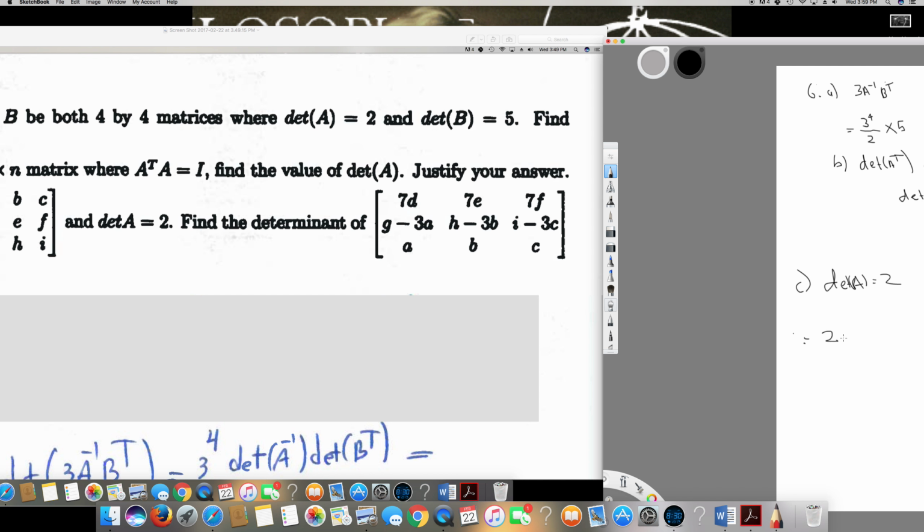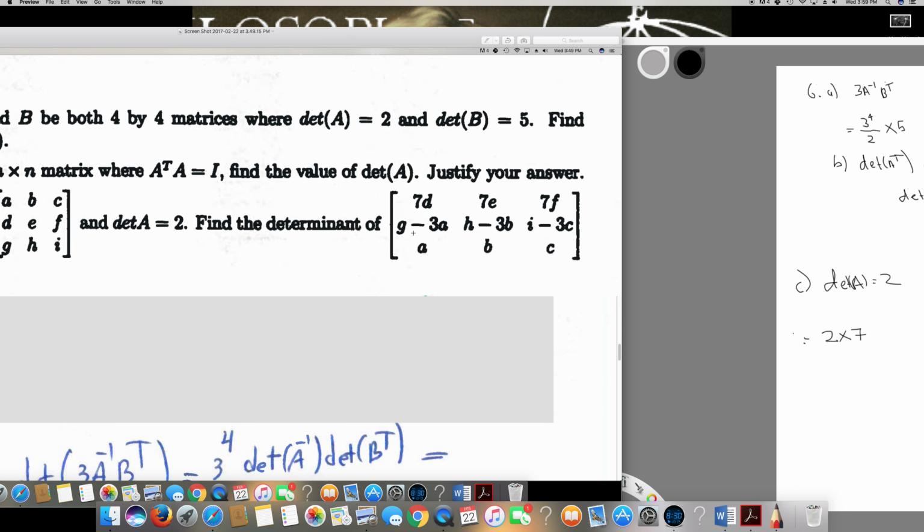Therefore, this 2 will multiply by that 7, because we know determinant A is equal to 7 already. This one doesn't change anything, because G minus 3A, there's nothing we can take common. But one thing that has happened here is the rows are swapped around.